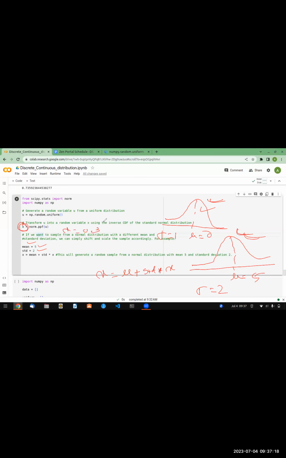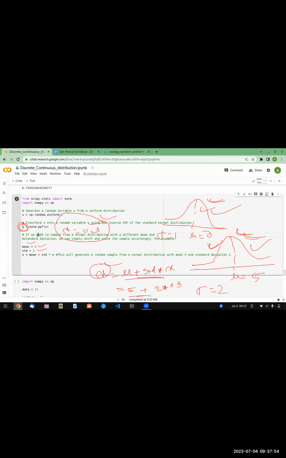This is my one-point sample from the standard normal distribution. If I want to take this sample from the normal distribution where mu equals 5 and sigma equals 2, I pass this value into this equation: 5 plus 2 into 0.3. The value I get will be from this normal distribution, not the standard one.